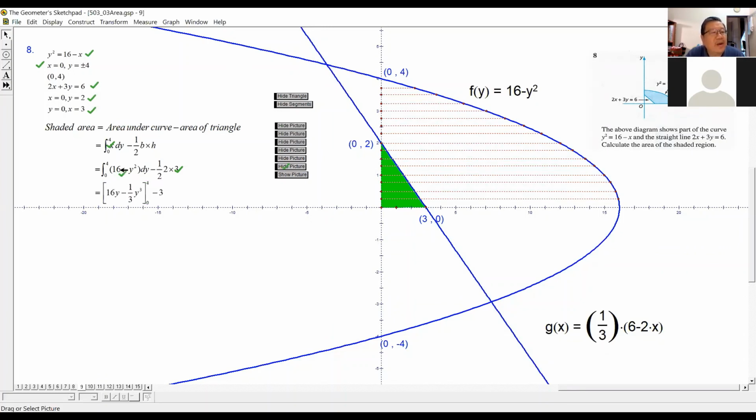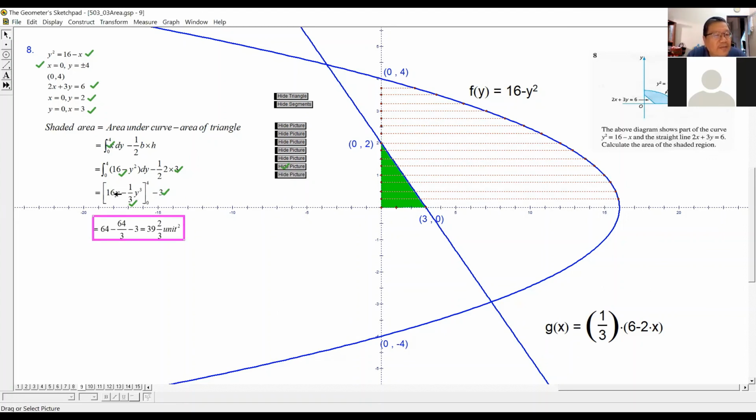Okay, the next step, when you integrate 16, you get 16y. When you integrate y square, you have y cubed over 3. So this is the integration. Over here, half times 2 times 3, your answer is 3. Last one, substitute the numbers inside.